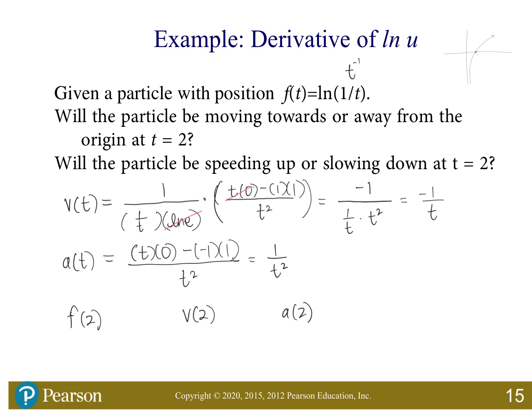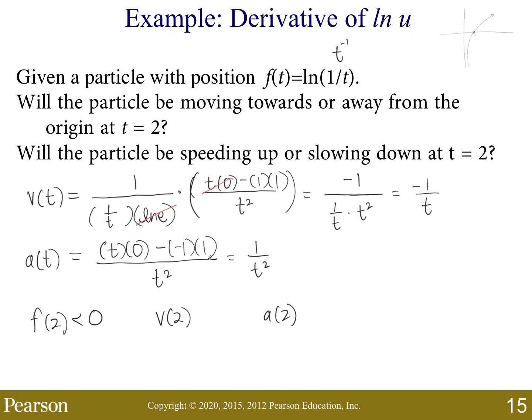Do you remember what natural log looks like? Where does it cross? At 1. If it crosses at 1, that means anything bigger than 1 is positive, but anything less than 1 is negative. So this number is negative, less than 0.